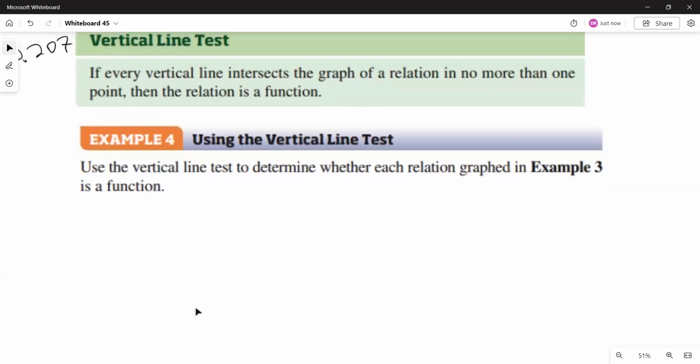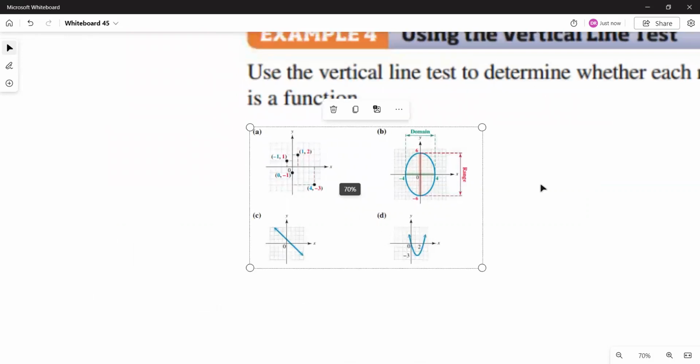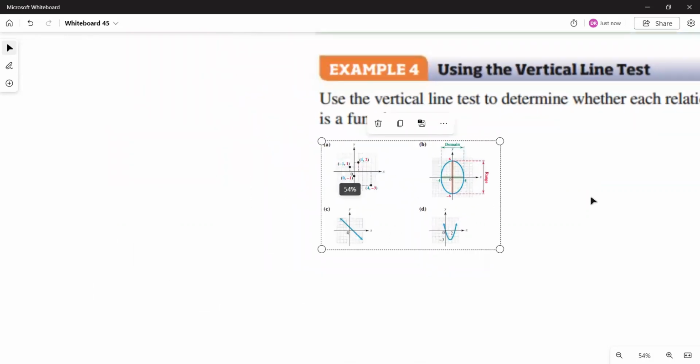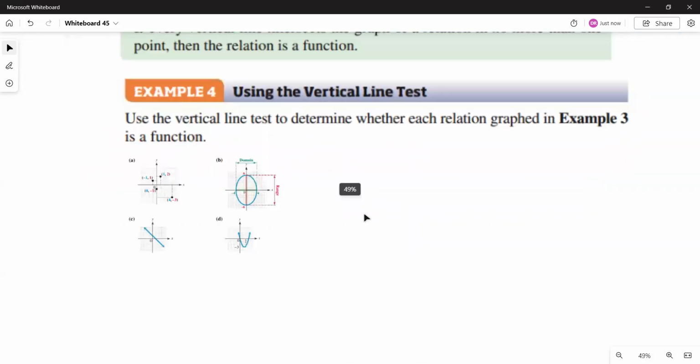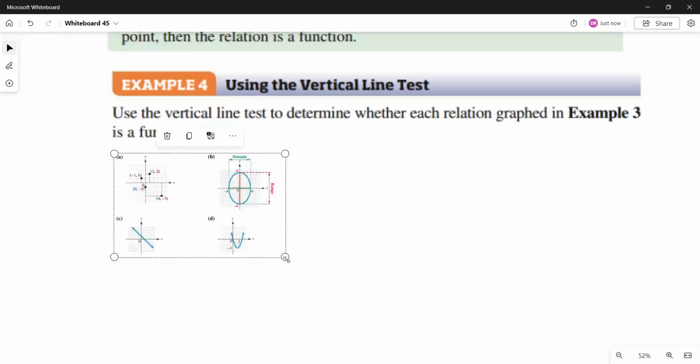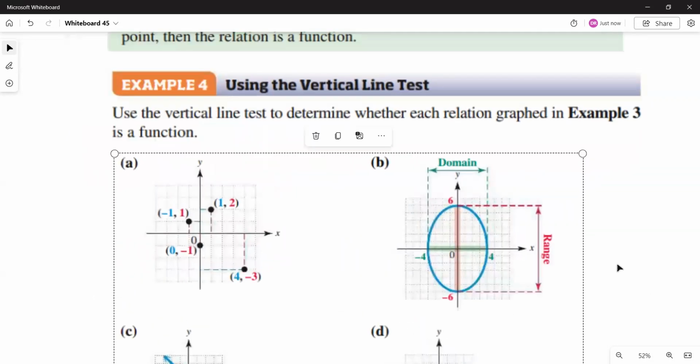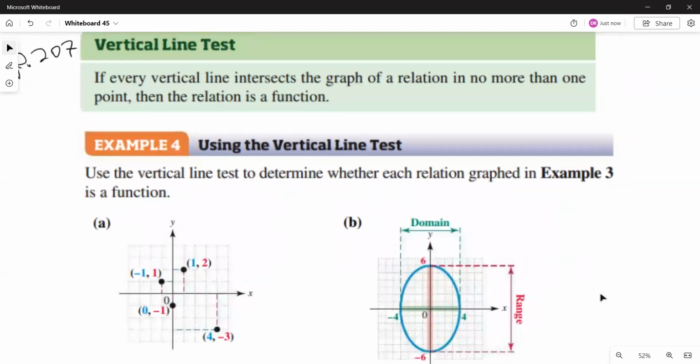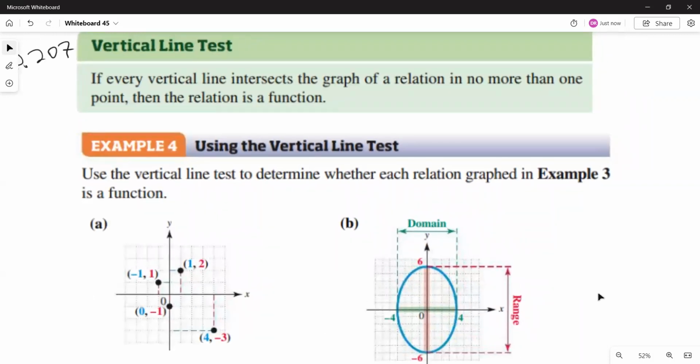Okay, these were the relations from example 3. Okay, so let's read again. If every vertical line intersects the graph of a relation in no more than 1 point, then the relation is a function.